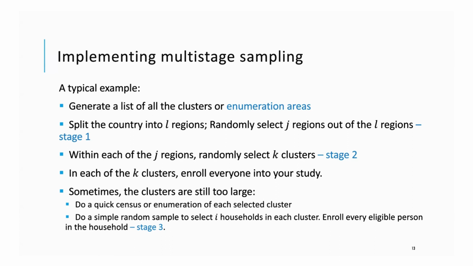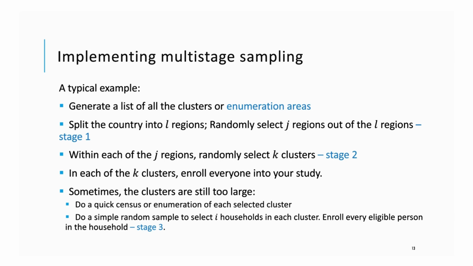But after we have selected, maybe 10 states randomly, which we believe should roughly be representative of all the other states, even just 10 states, if we choose to go and enumerate everybody in just 10 states, imagine what a logistic nightmare that can be. So we might decide that the second stage is that within these 10 states, we go to each of them and randomly select 4 or 5 counties from each of them, meaning there's a second stage of sampling.